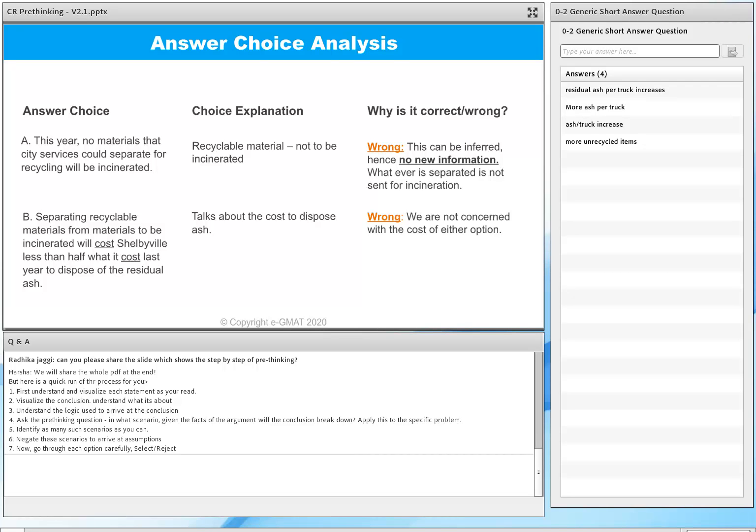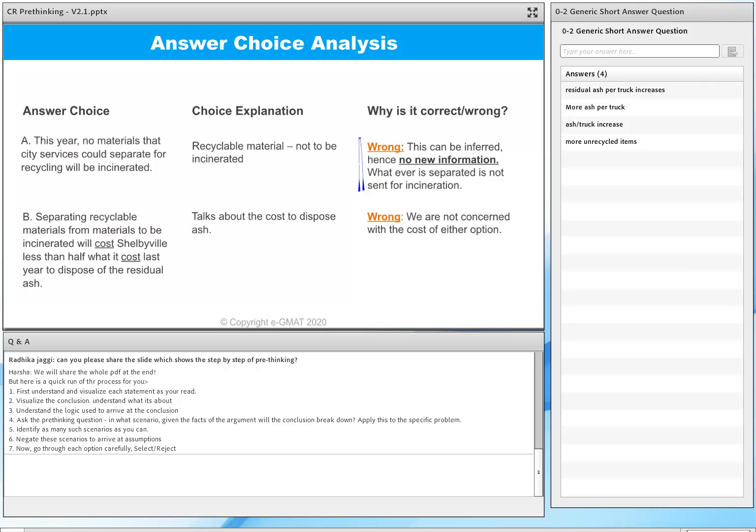Choice A says this year, no material that city services could separate for recycling will be incinerated. Essentially, this is a must be true condition, but the reason why it's not the correct answer is because this is inferable from the argument. The author already provides it. If you already have a pillar supporting the roof, putting another pillar over there is not going to help you. An assumption is an unstated idea that is required for the conclusion to hold true.